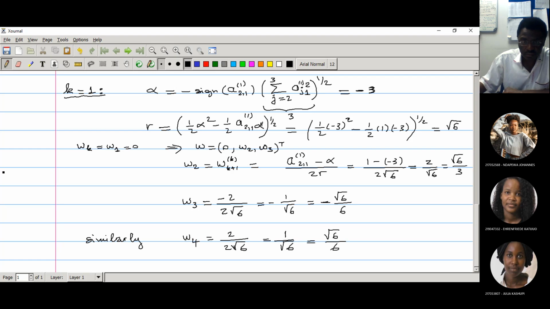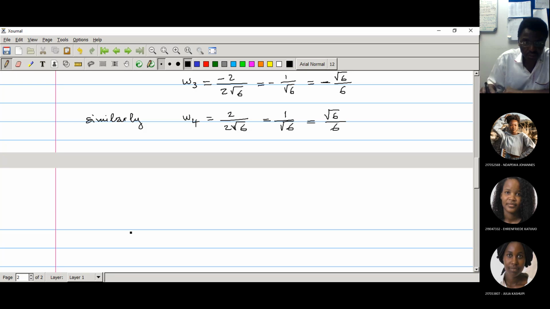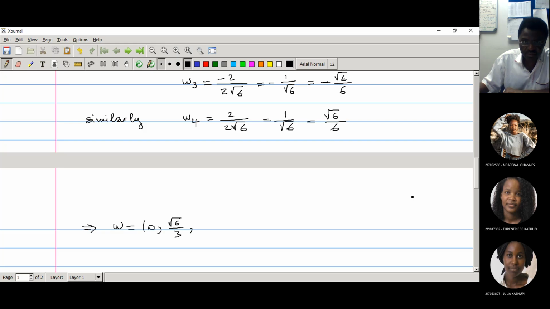All right, so we conclude on our W. So W, the first entry is 0. The next one, we saw, was square root of 6 by 3, square root of 6 by 3, and then negative square root of 6 by 6, square root of 6 by 6, transpose.